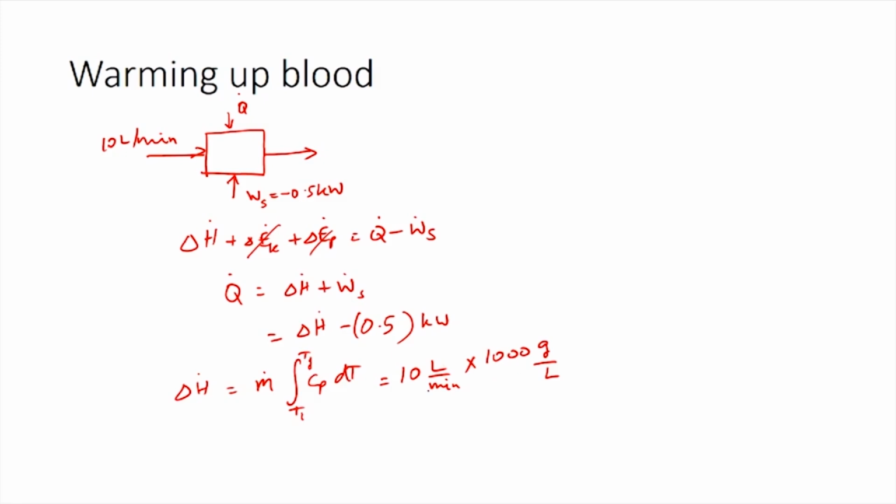This would give us grams per minute, and if we need to convert this to grams per second, we would multiply this by 1 minute contains 60 seconds, and then this is the m dot value, times the integral of Cp, given as 4.185, dT with temperature going from 30 degrees Celsius to 37 degrees Celsius. So, this value can be calculated as 4.882 kilowatts. So, delta H dot is equal to 4.882 kilowatts.